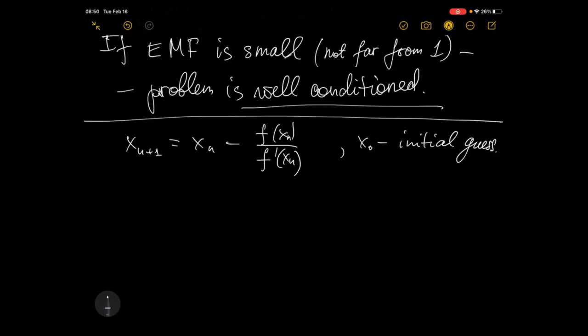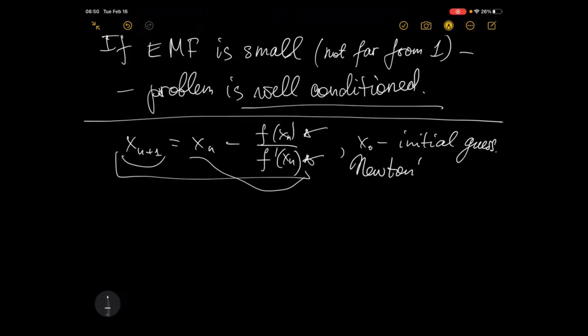If I ask you, for example during the test, to write Newton's algorithm for some specific function, you just need to substitute your function and its derivative here and write it as x_{n+1} equals some function of x_n. So you start from an initial guess and you produce successive iterations. That's Newton's method.